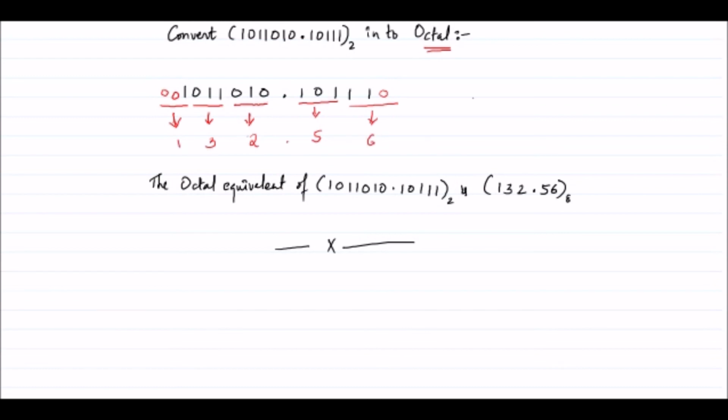So I'll write the simple octadecimal equivalent of this binary number is 132.56. Base you need to represent as 8. Okay, thank you.